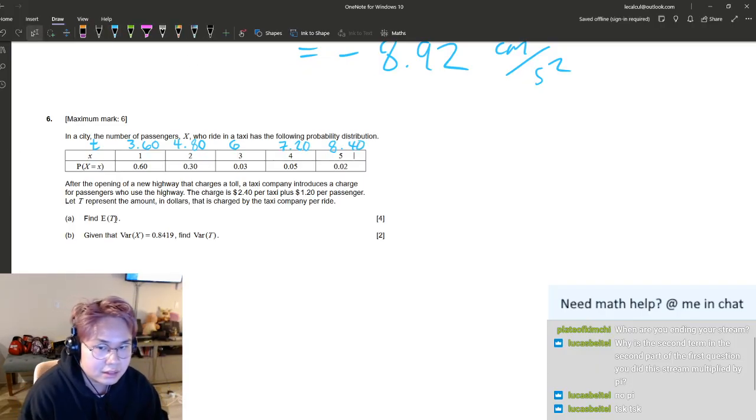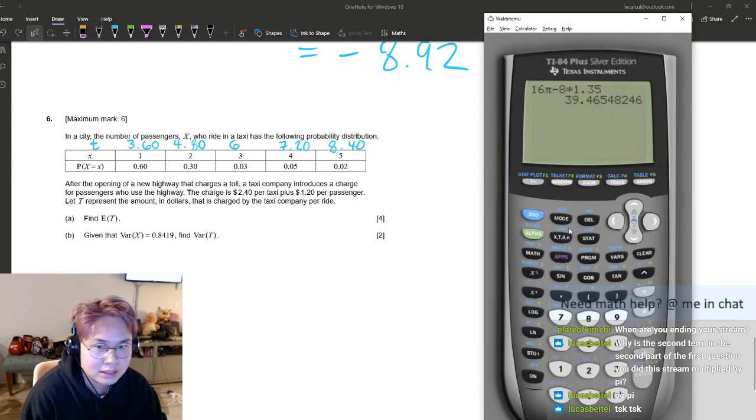And then to find the expected value of the cost, we multiply the cost for each ride with the probability for each specific ride. So put this all in a calculator, I guess.